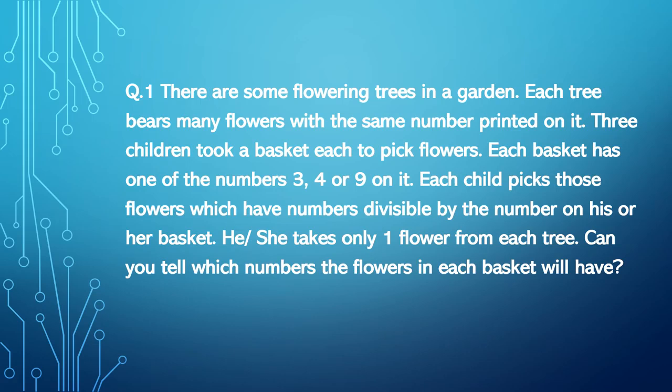Each basket has one of the numbers 3, 4 or 9 on it. Each child picks those flowers which have a number divisible by the number on his or her basket. He or she takes only one flower from each tree. Can you tell which numbers the flowers in each basket will have?